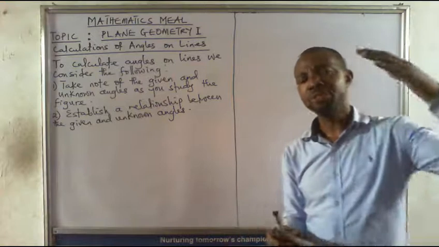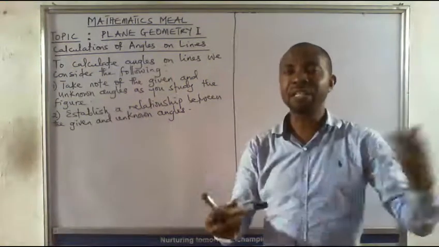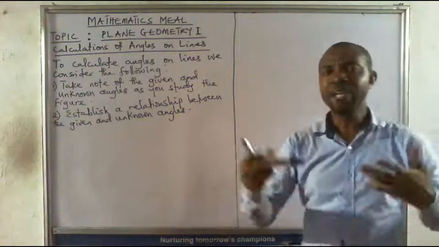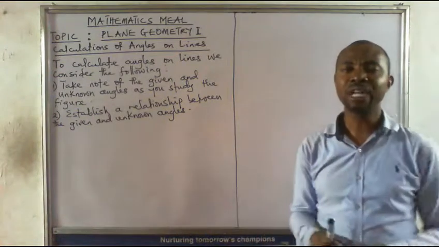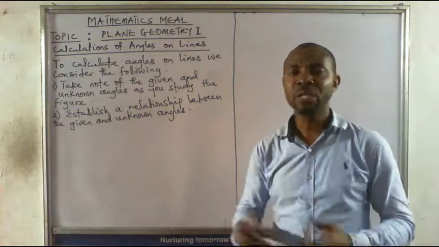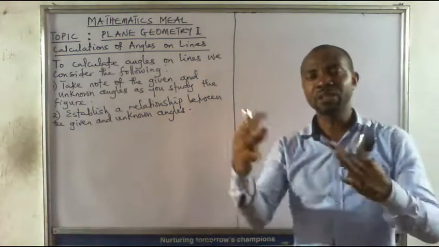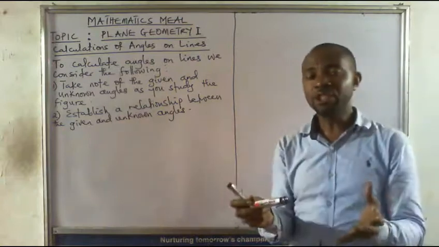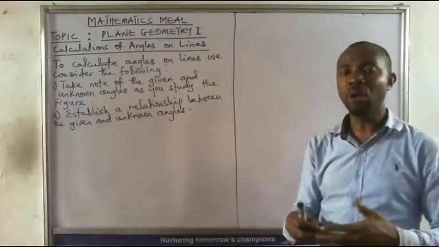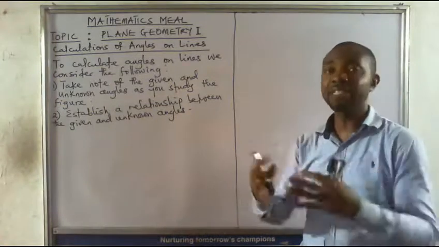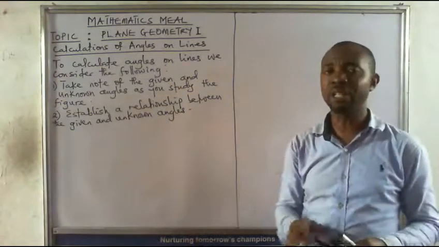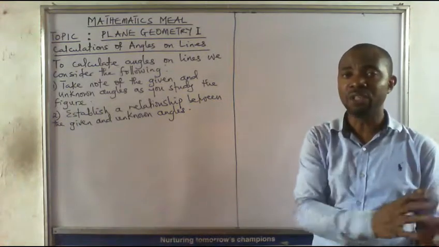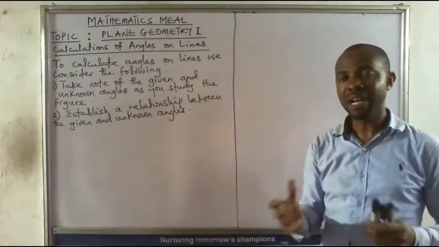You ask yourself, are these angles related by the fact that they are adjacent angles on a straight line? Are they angles at a point? Are they corresponding angles? Are they alternate angles? Are they vertically opposite angles? Do we have a perpendicular line so that we'll now start talking about whether their sum will give us 90 degrees? So all these relationships, one of them or two of them or three of them, as the case may be, depending on the number of angles you are trying to calculate, must be used to connect the angles that were given to us and the ones we are asked to calculate.